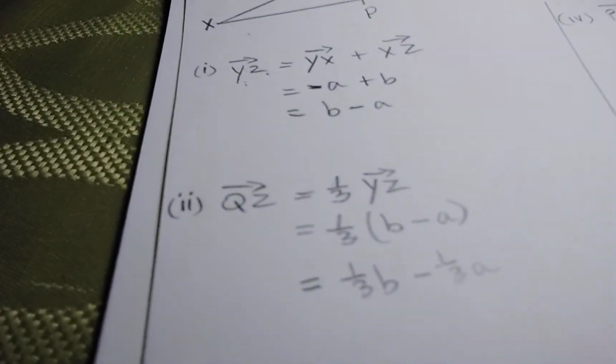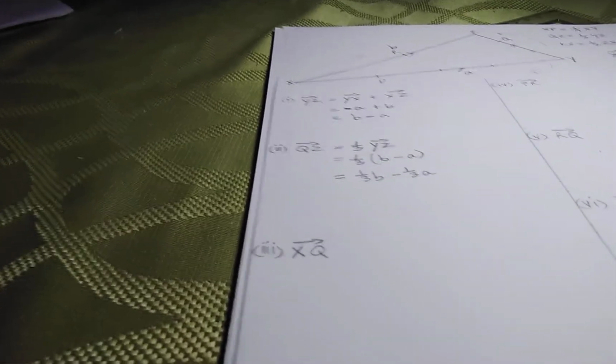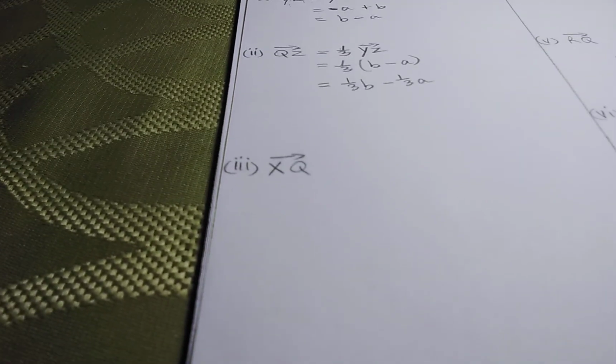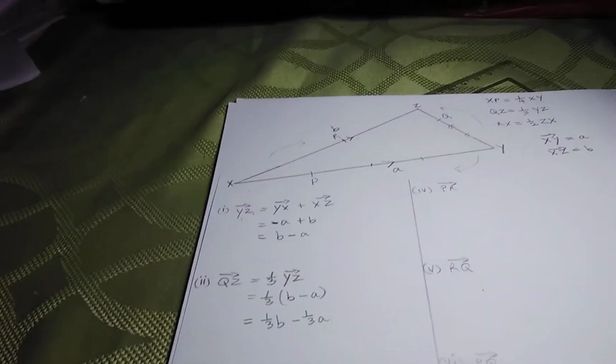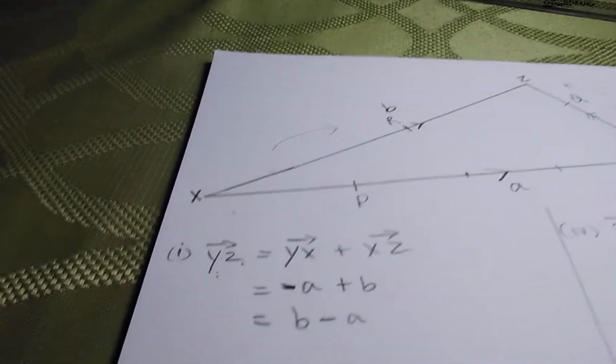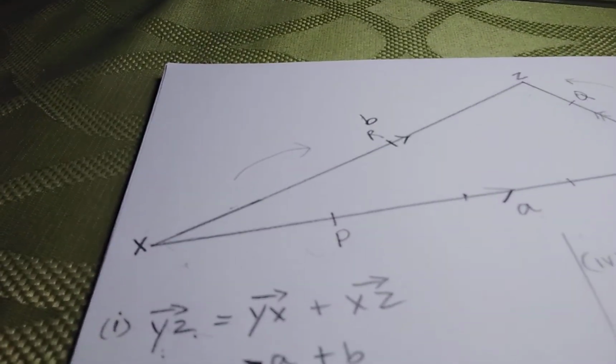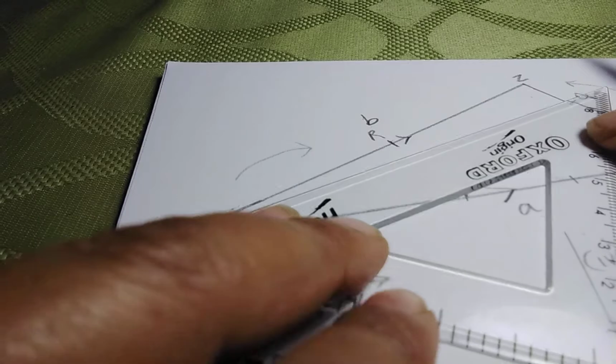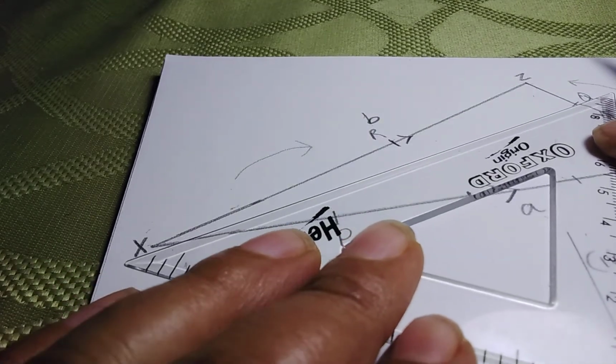Easy cheesy. Next we move into XQ. Was any information given to us about XQ? No. So what we do now is we are going to draw a broken line from X to Q. So this is what I normally do.